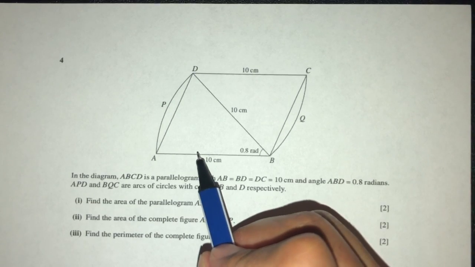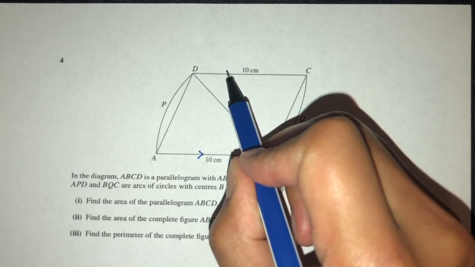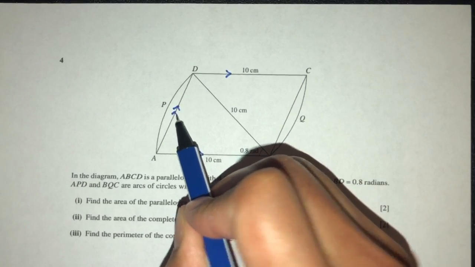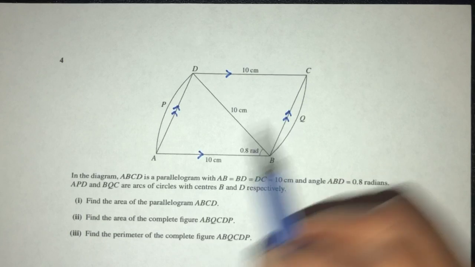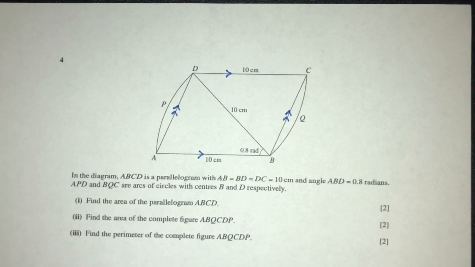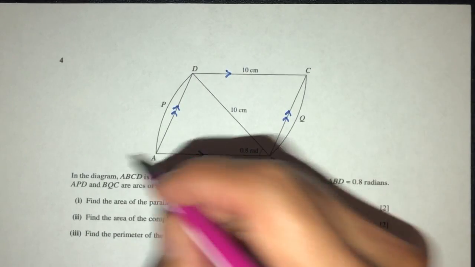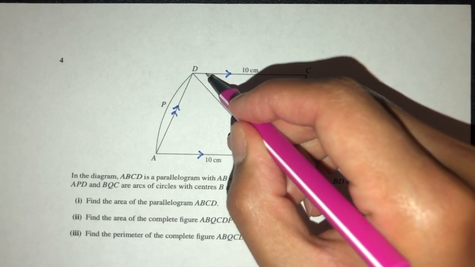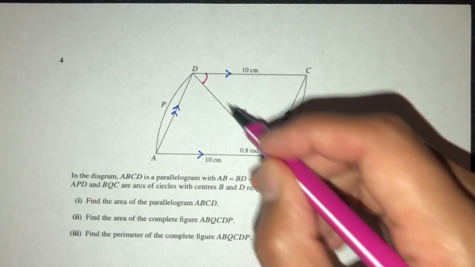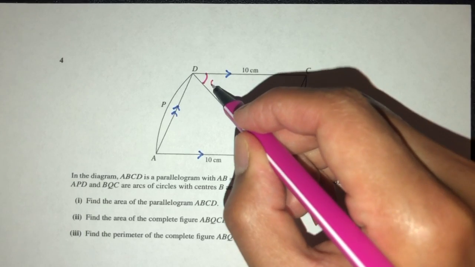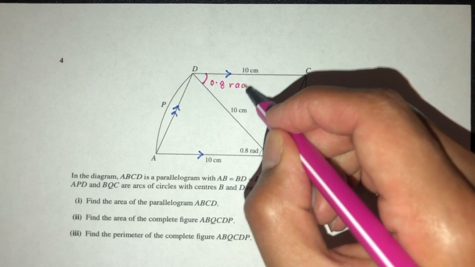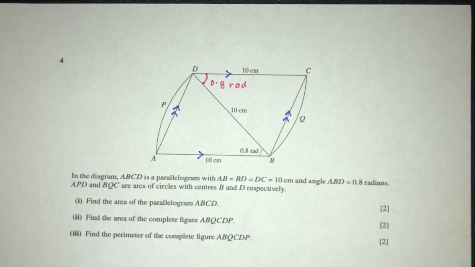We know that this side has to be the same direction as this, and this also has to be the same direction as this, right? Now something we can derive right away is that whenever you have the Z shape, by alternate angle theorem, the interior angles have to be the same. This also will be 0.8 radians. Something we can derive right away.